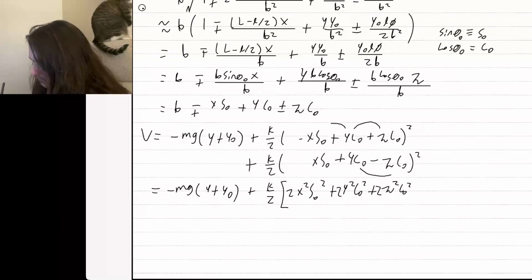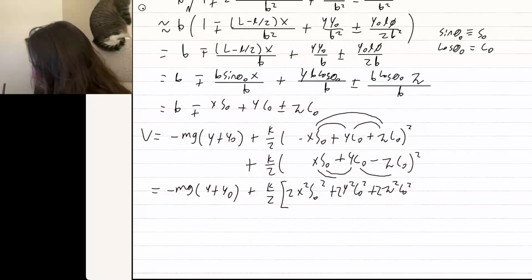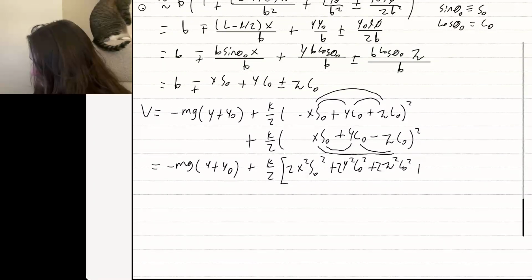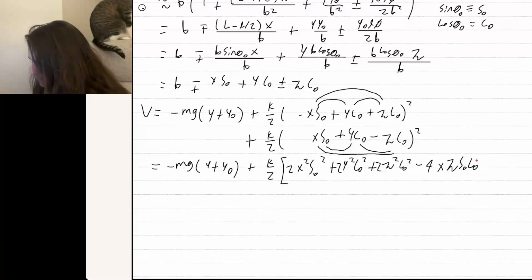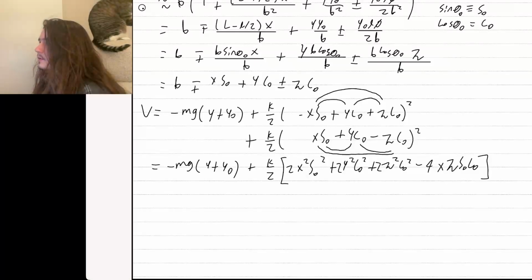This cross term cancels out this cross term. But this cross term adds to this cross term. So it's plus or minus 4 times x z s naught c naught. Right. That should be good there.